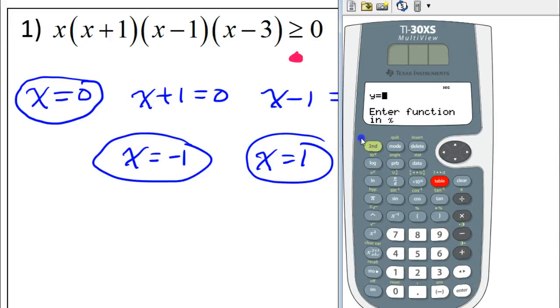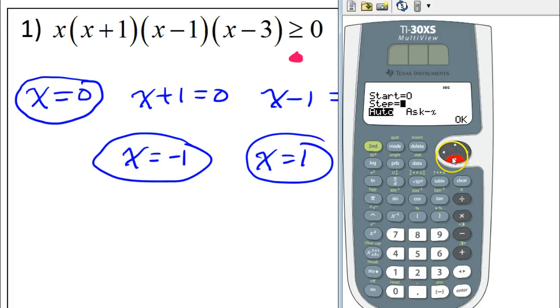Okay, so we have x, and then x plus 1, and then x minus 1, and x minus 3.